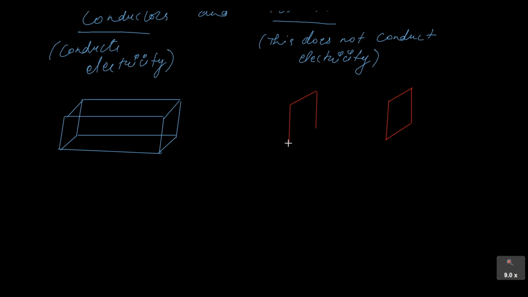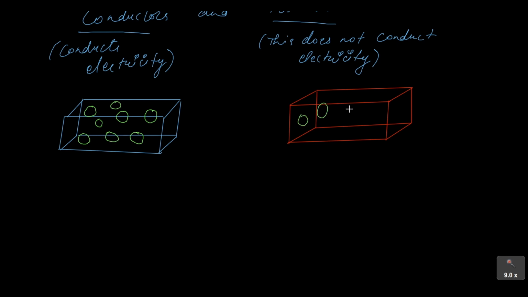Both of them are made up of atoms, so let this green color represent atoms. I'm drawing very few atoms here; in reality there are billions and trillions of atoms.